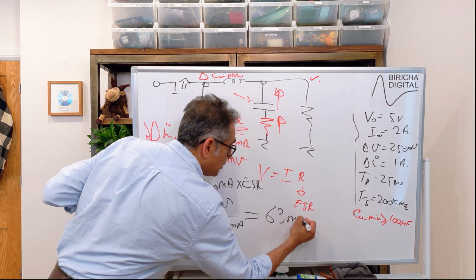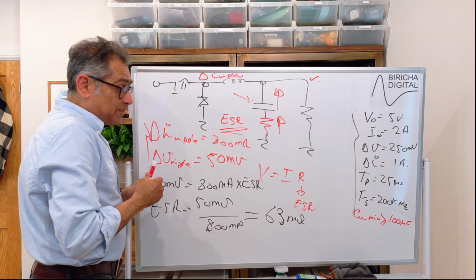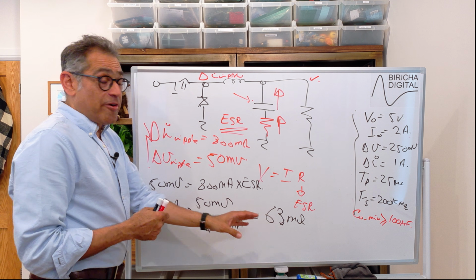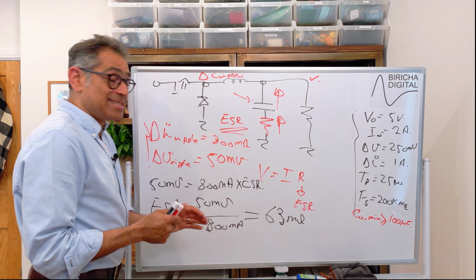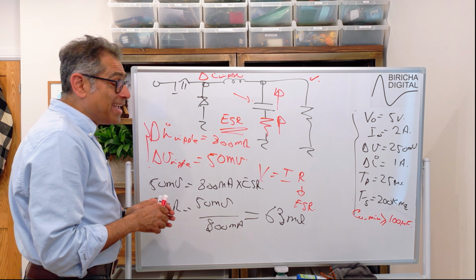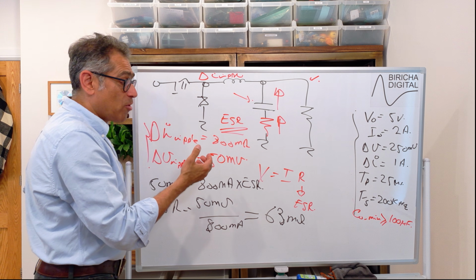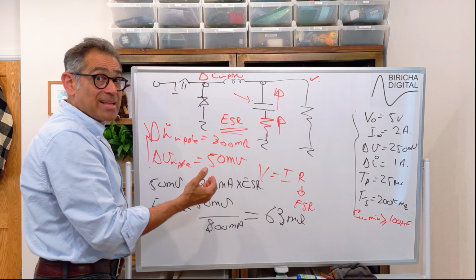63 milliohms. Now, the manufacturers provide the ESR for you, and provided that you find yourself a capacitor with an ESR of less than 63 milliohms, then you will not violate the ripple requirement. So all we have to do then, in this case, the size of capacitance doesn't matter.